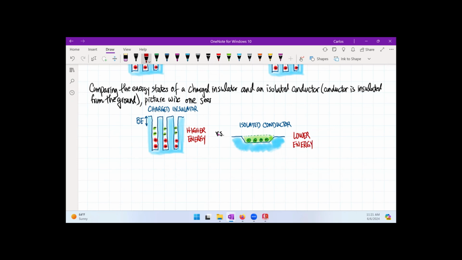Following what we said before, when I compare these two, we have the same type of process. The process is identical to an insulator interaction.